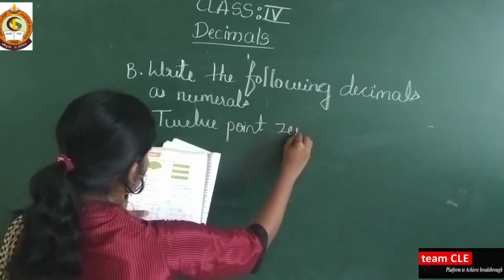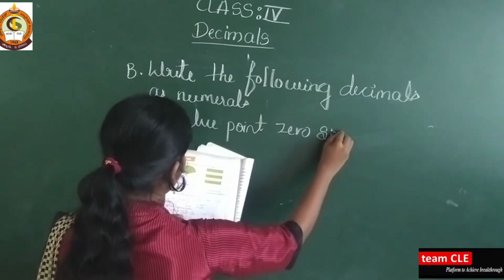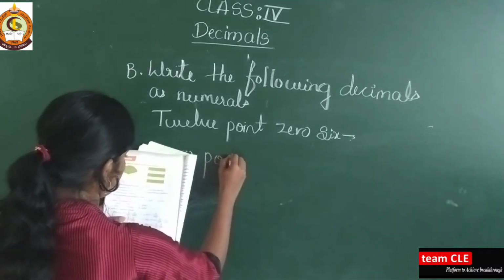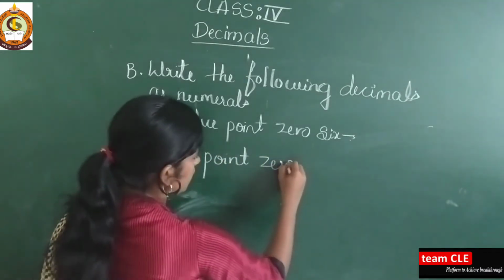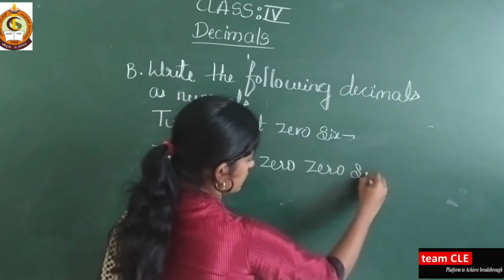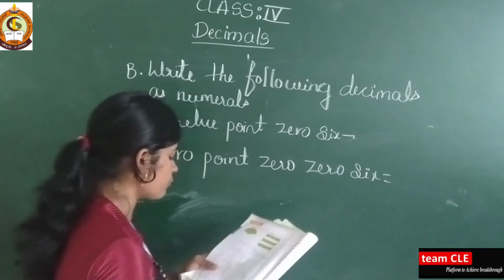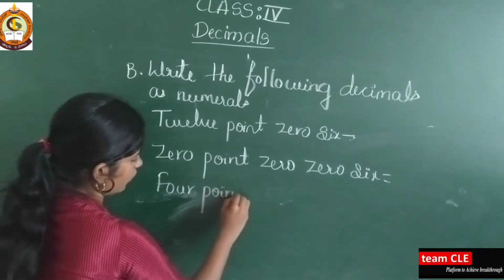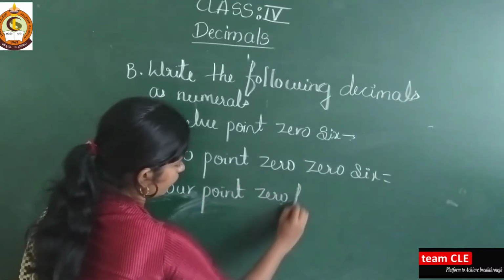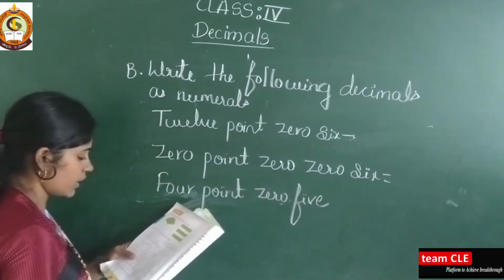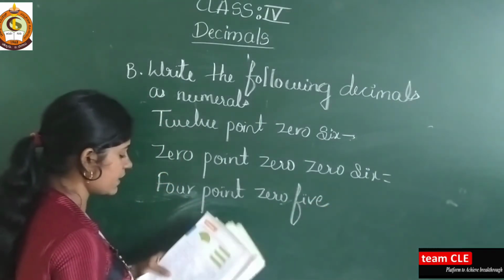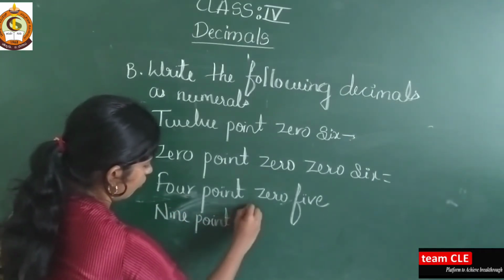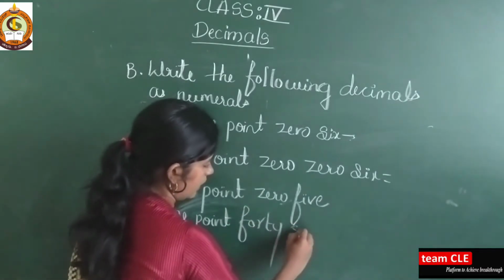The second question is 0.006. The third question is 4.05. The next question is 9.46 hundredths.